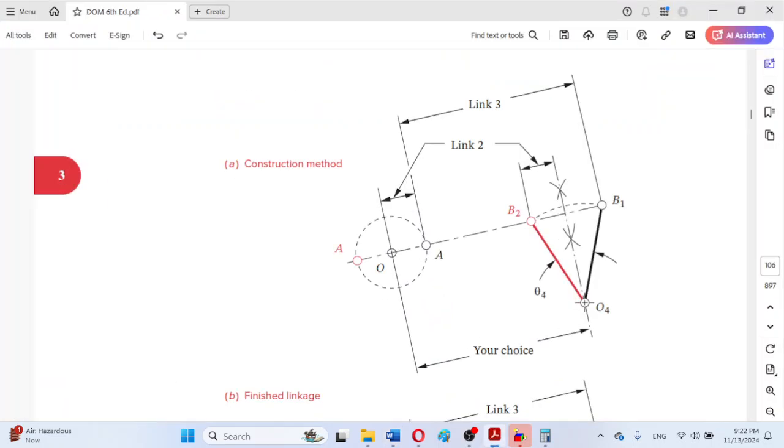So after that, what will be the procedure, that we will be assuming the size of the coupler link or connecting rod, and we will be describing an arc of the assumed size of the coupler or connecting rod, first assuming the center at B1 and second time the center at B2.